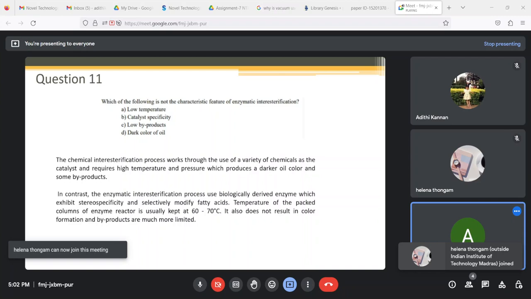It will produce fewer byproducts and have higher specificity. And since we are dealing with enzymes or proteins, these require a much lower temperature than a chemical process. Because we use a lower temperature, this does not result in the dark color of the oil. So amongst these four, dark color of the oil is not the characteristic feature of the enzymatic interesterification process.